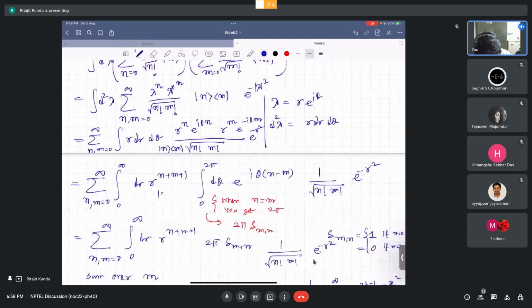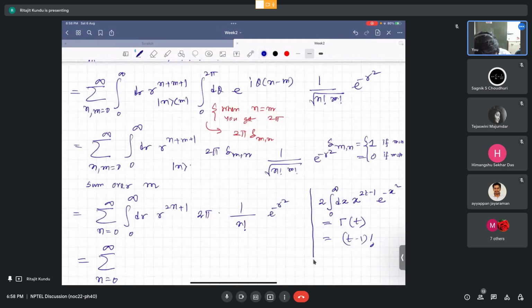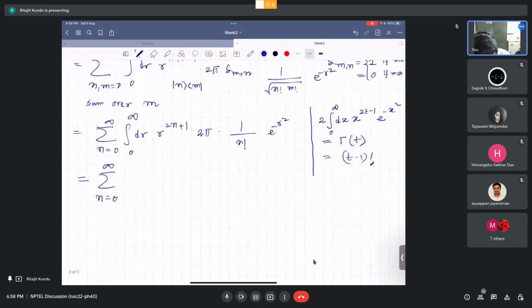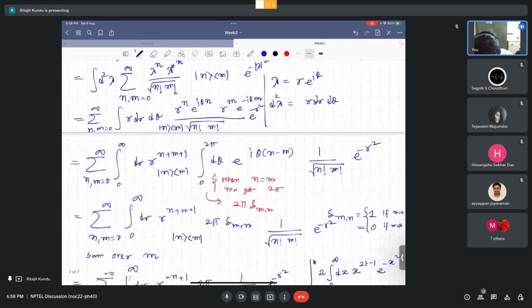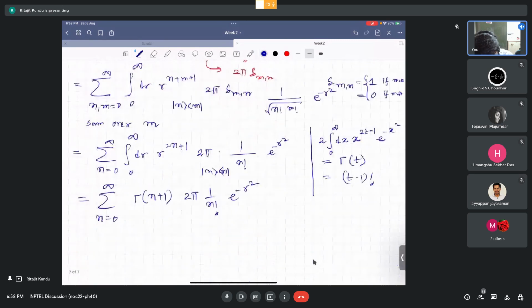Now if you just use this standard integral, you will get gamma n plus 1, times 2 pi, 1 by n factorial, e to the minus r square. I am not missing anything more.